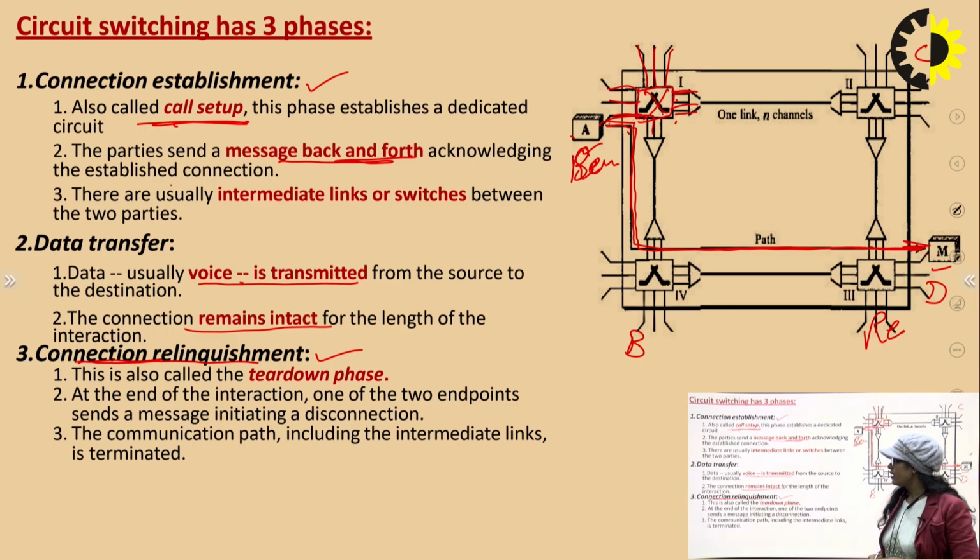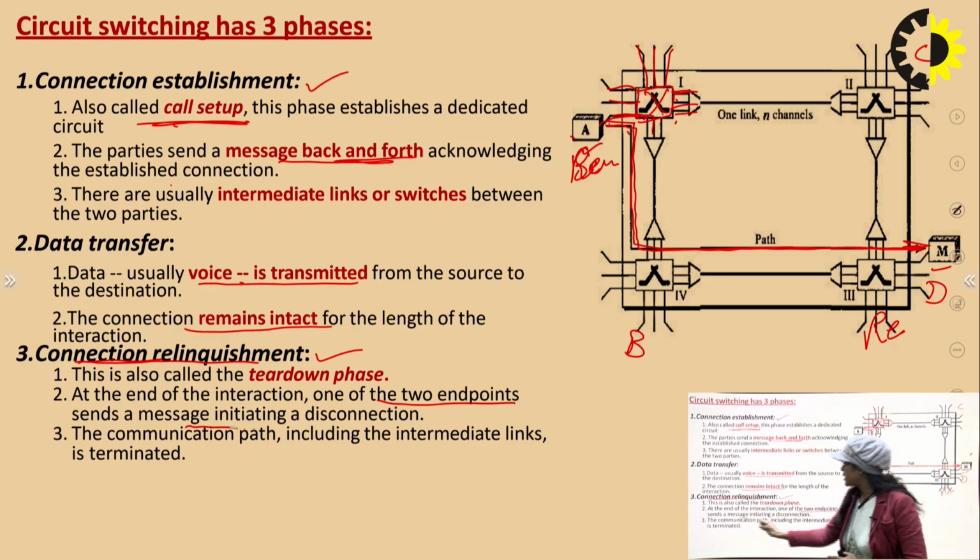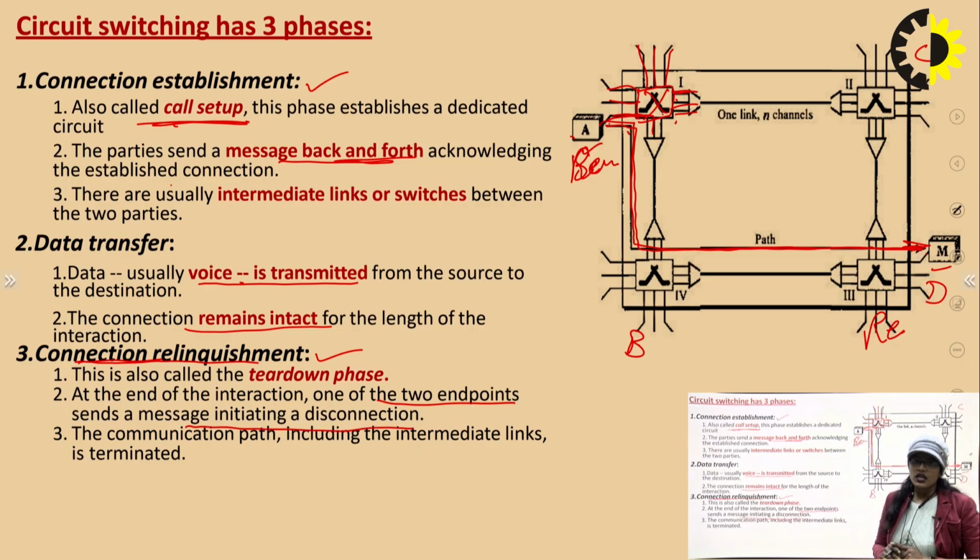This is called the tear down phase, and this is also called the termination phase, right? At the end of the interaction, one of the two endpoints sends a message initiating a disconnection. That means if your transmission is done, then you are initiating the disconnection of the channel, right? And the communication path, including the intermediate links, is also terminated. This is the process of circuit switching.